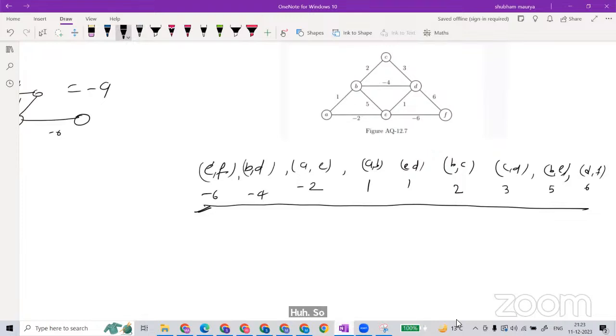It should not form a cycle. If there are only a few edges, then we can directly do that from the graph.